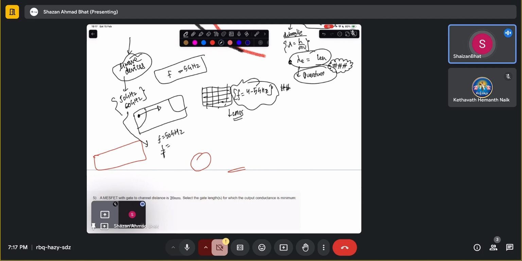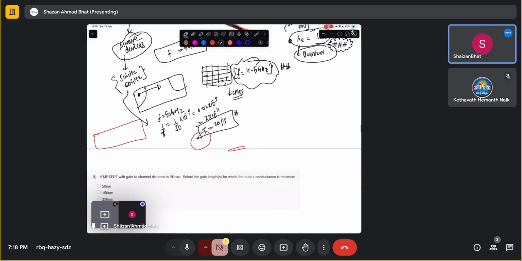The time period of the signal is 1 over 50 into 10 to the power 9. How much is this? 0.02 into 10 to the power minus 9. This is 2 into 10 to the power minus 11, or you can write 20 picoseconds. So this is the time period over which the electron has to respond.